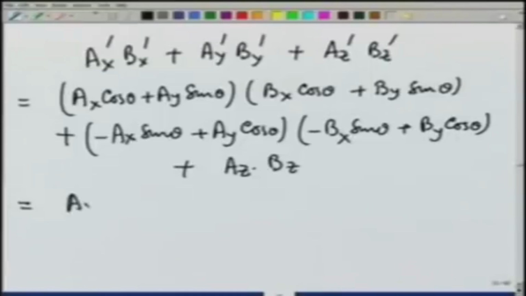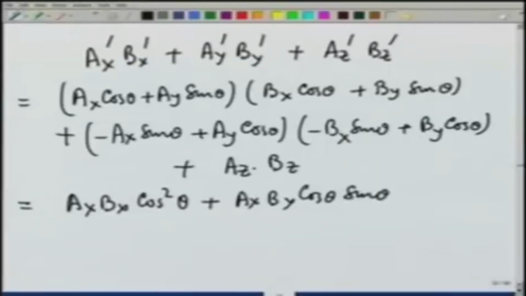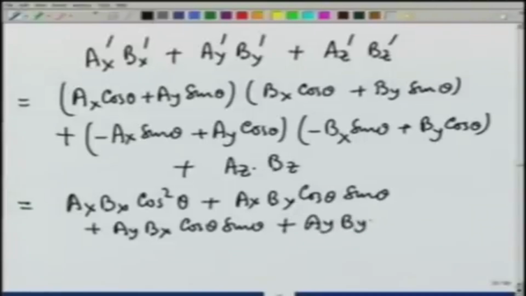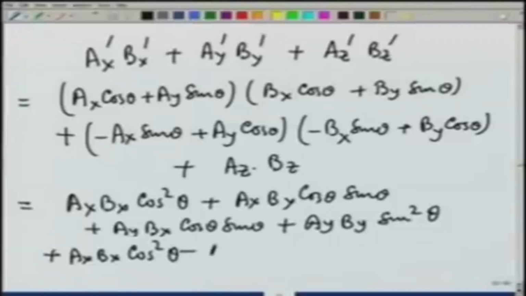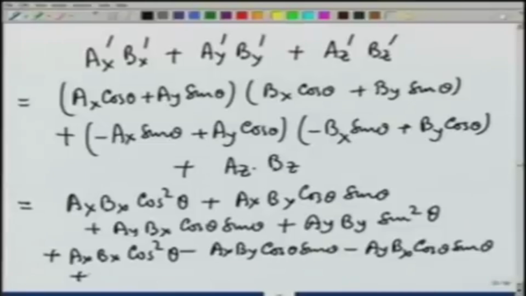The first term gives you a_x b_x cosine square theta plus a_x b_y cosine theta sin theta plus a_y b_x cosine theta sin theta plus a_y b_y sin square theta, plus a_x b_x cosine square theta minus a_x b_y cosine theta sin theta minus a_y b_x cosine theta sin theta plus a_y b_y cosine square theta, plus a_z b_z.